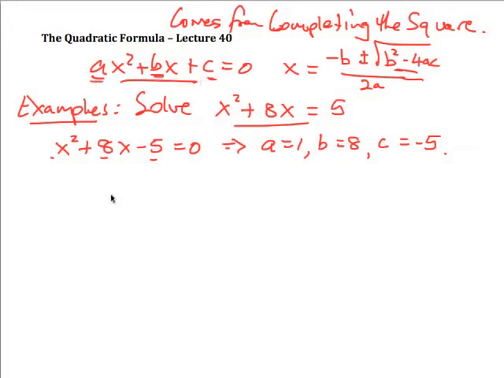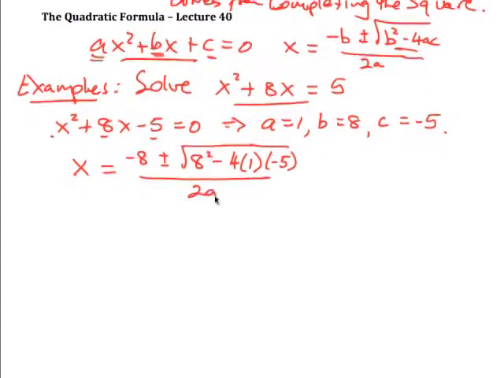Okay, so using the quadratic formula, x will be, notice negative b, so I'll need a negative 8 plus or minus the square root of b squared, which of course will be 8 squared, minus 4 times a, which is 1, times c, which is negative 5, all over 2a.